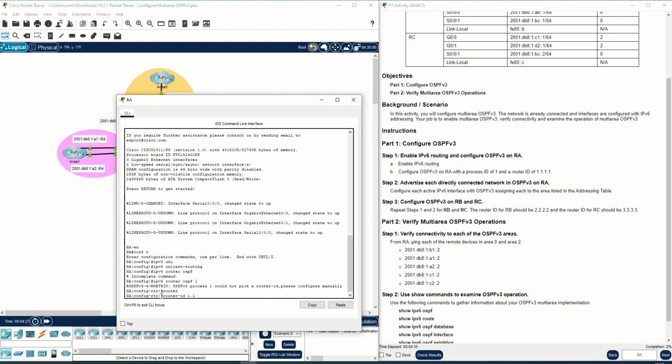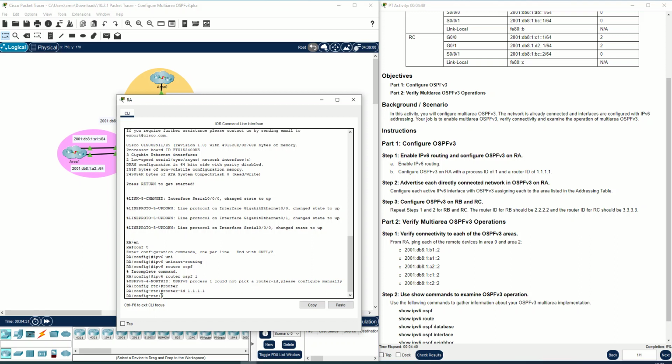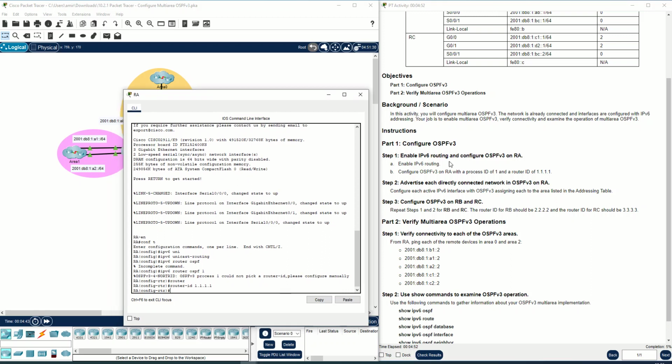As you know, the router ID can be used for DR election, because I want to control DR election, and in this situation you should also configure the router ID. The router ID for this router is 1.1.1.1.